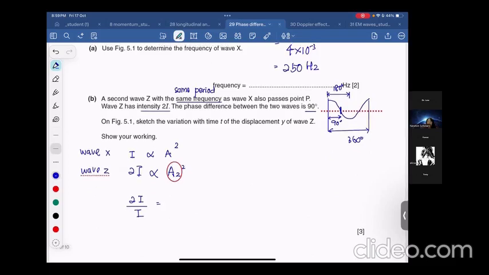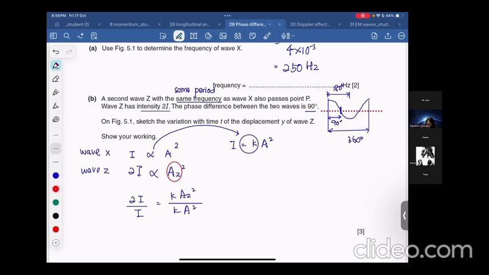Here directly proportional, actually we can make a formula. We can change directly proportional to equals by putting a constant value for it. So here, 2I is k AZ squared, divided by k A squared.